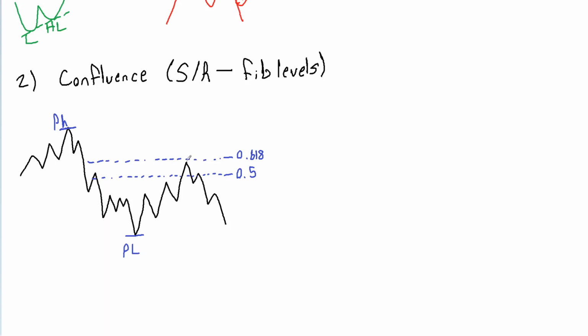For whatever reason, they get defended very well, the 618 and the 0.5. As long as you denote your pivot high and your pivot low correctly and you pull your fib levels correctly, you can just about bet that the 0.5 or 618 is going to give you a reaction. And a lot of times the actual reversal will happen at those levels too. So it's good to be aware of those when you're looking for confluence.